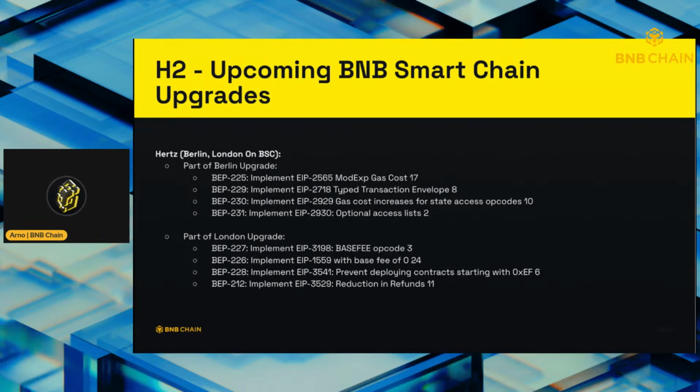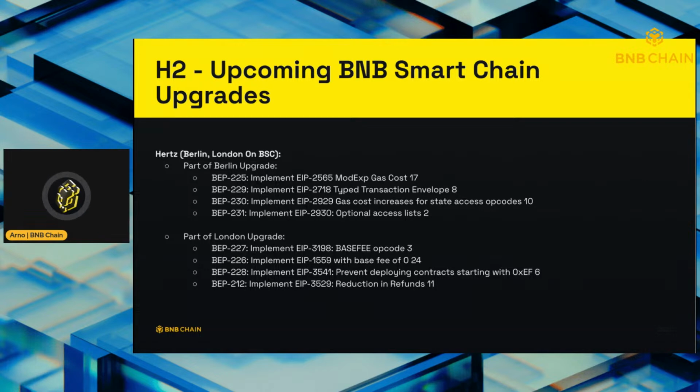The first main ones are here to help on the EVM base, in order to modify the cost of precompiles and certain operations, to make certain operations cheaper, which is important to keep up to date with those latest developments.